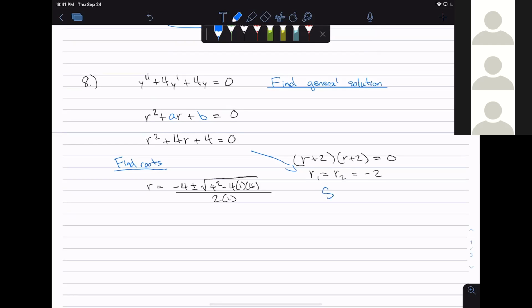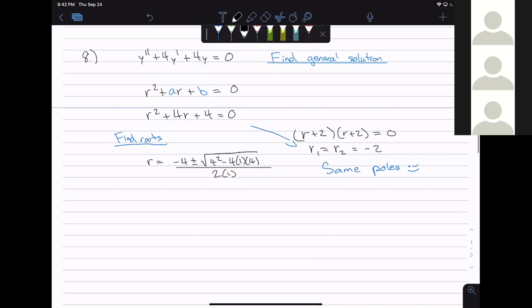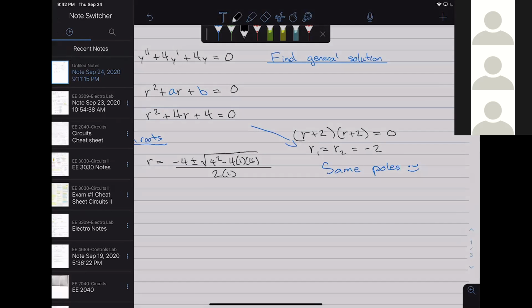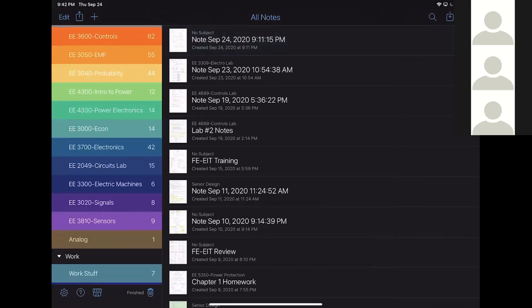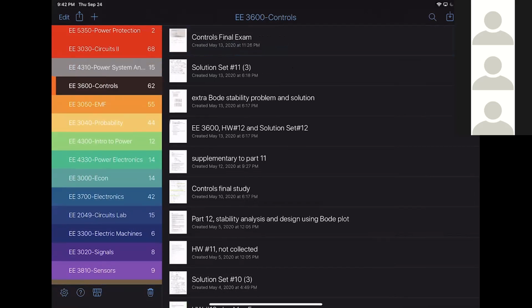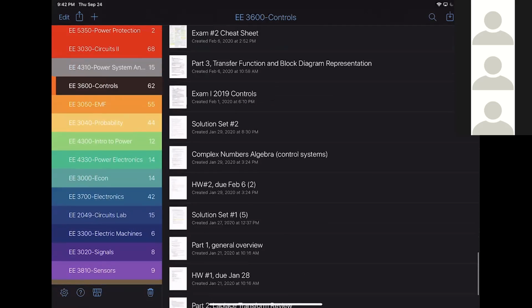Since these are 2 of the same roots, or same poles, I should say, since this is controls, baby. Same poles. You're gonna have to use this equation. Let me get it up. Beautiful notes, I'm whipping them out.